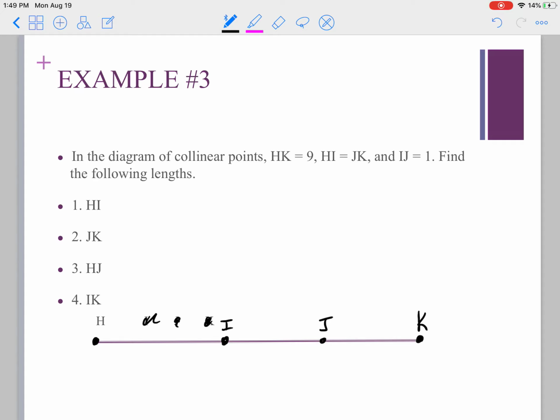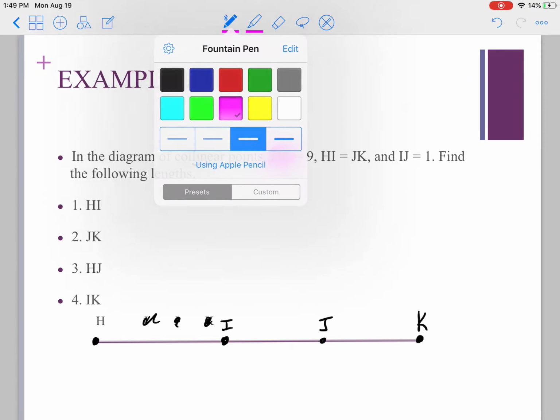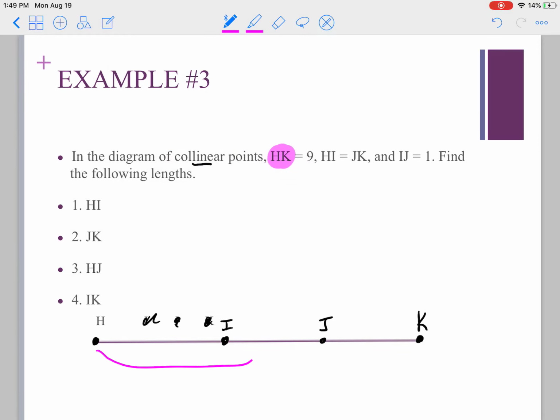Okay, so we have collinear points on the same line. We know that HK, the entire distance, I'm going to label it as 9. The entire distance is 9.